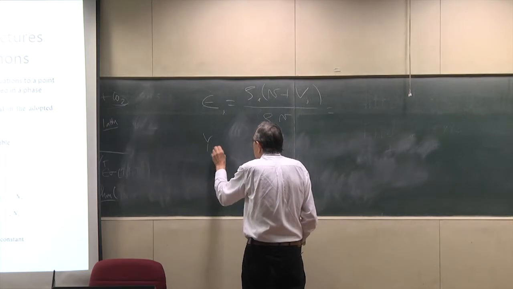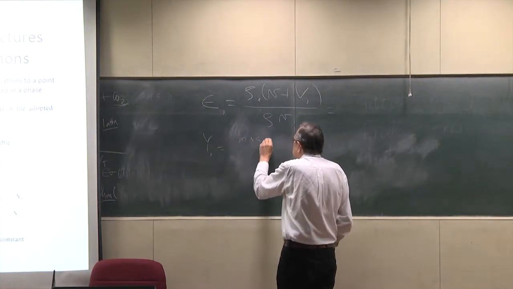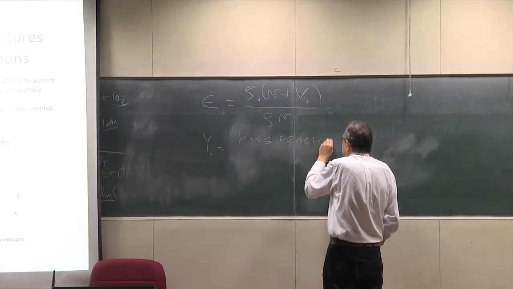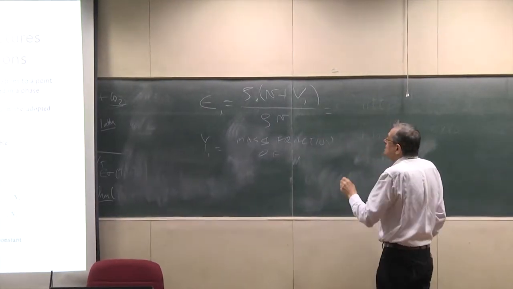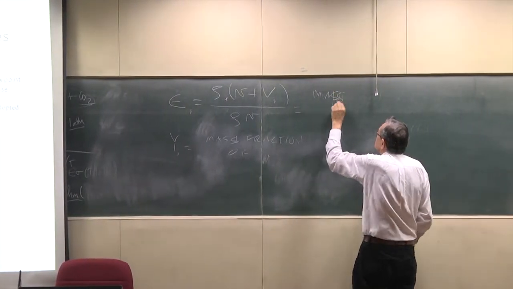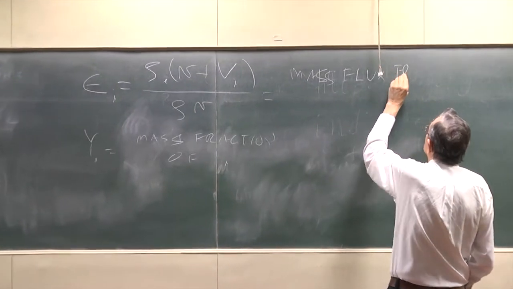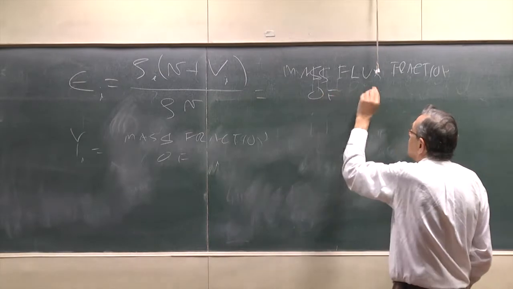We use Y_i as the mass fraction of species i, and this is the mass flux fraction of species i.